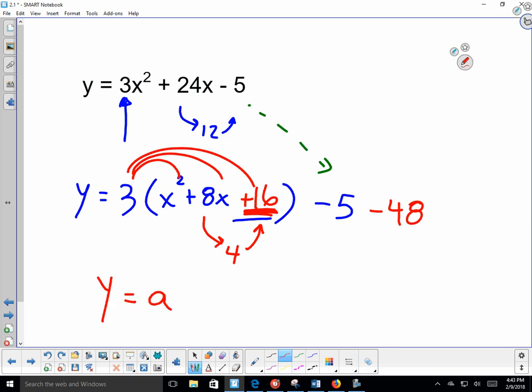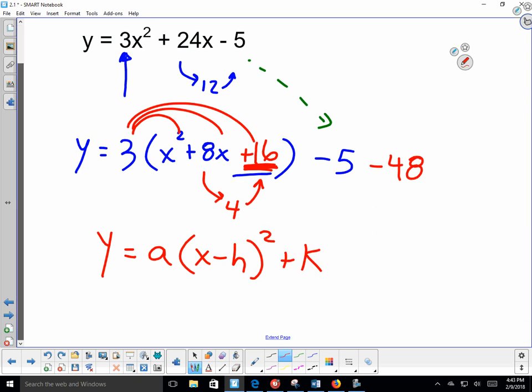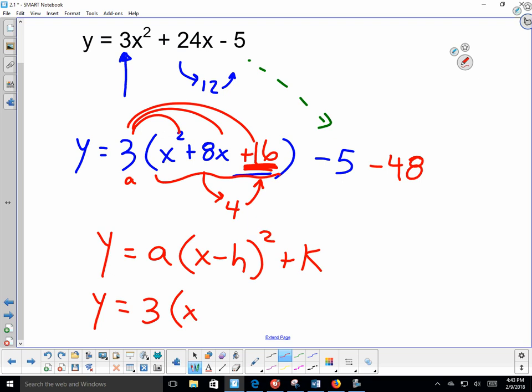So what's our equation in standard form? Remember, standard form is y equals a times x minus h quantity squared plus k. So in this case, we're going to have y equals, here's my a, right here, the 3. This can be rewritten in binomial squared form, so that's going to be x plus 4 quantity squared.